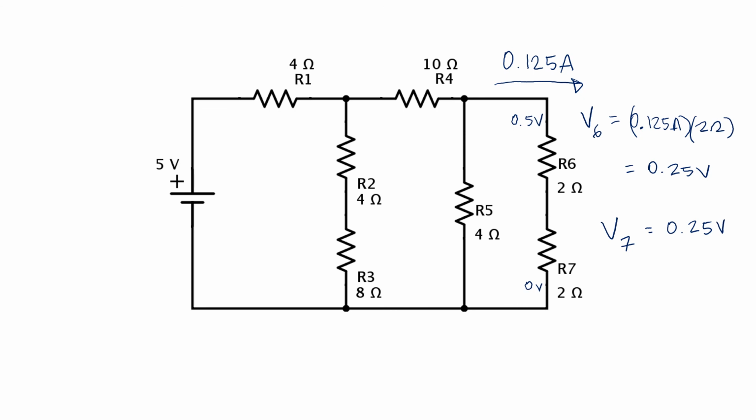So from the beginning I started with 5, I dropped 3, then I dropped 2.5, so I only had a half left, and I come down and I'm back to 0 as I work my way around that.